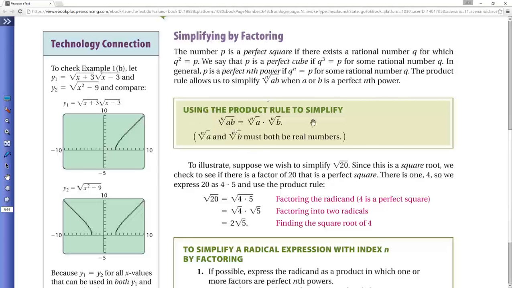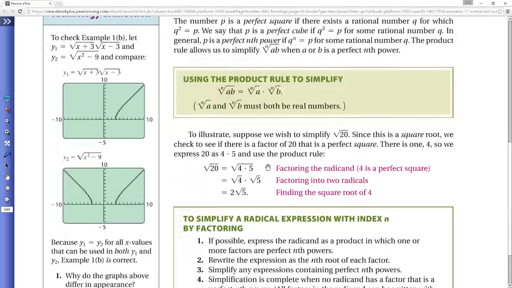But using this product rule, the same rule we went through on the other page, we can go the other way, right? We can say if I have the nth root of a times b, I could break that into the nth root of a times the nth root of b. And then it says a and b have to be real numbers. So if we have something like the square root of 20, we could break 20 into factors. Now it isn't prime factored, but we'll talk about that a little bit later.